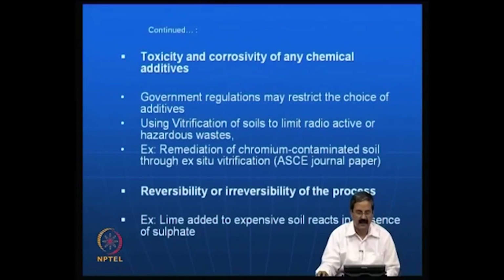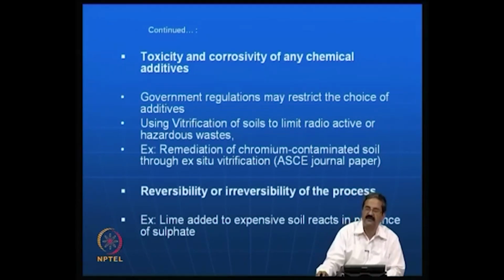Okay. Then we have what is called toxicity and corrosivity of the chemical additives. Actually, as I just said, the example of what is called contaminated ground. In many countries, this has been a big problem, and if the soil has a lot of toxic chemicals like chromium, mercury and some of them, then it is very difficult.